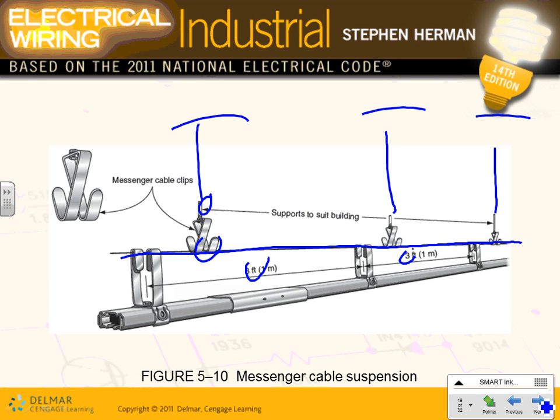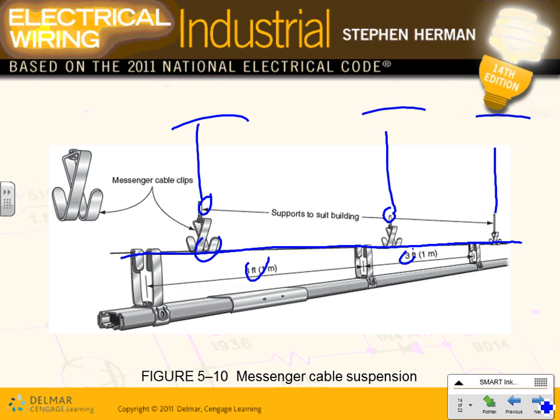Well, depending upon how far the messenger goes, you might have to support the messenger at different intervals. This could be going 400 feet from one end to another through a wire. So then you might skip here and support it based on the weight. So it's one wire, but you have to support it too.